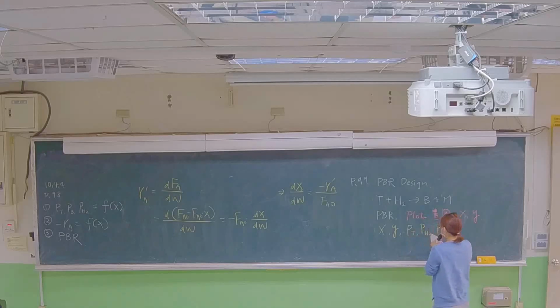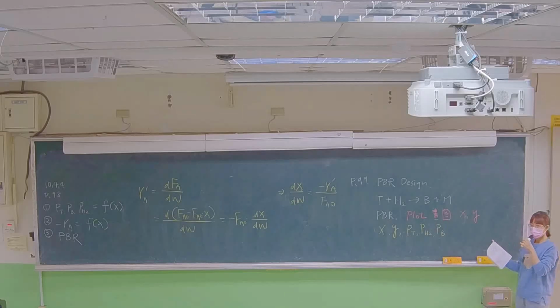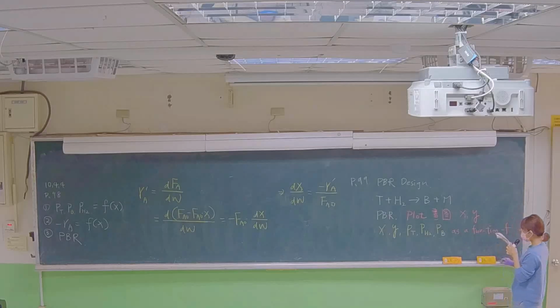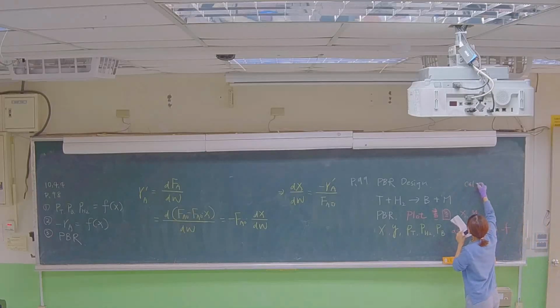Okay? So you can see there are 5 parameters mentioned here, and you see a keyword again, as a function of. That is the keyword. And after this keyword, you see the catalyst weight.